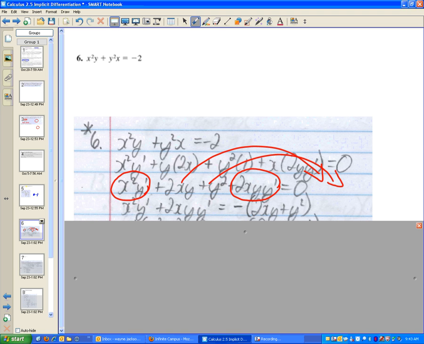Now, when you move the 2xy and the y squared over to the other side, you can either do what I did, which is group them together and put a negative in front. So I thought of it this way. I thought of that as a group. I subtracted that group from both sides. Or, if you don't want to write it that way, then just write it that way. It doesn't matter. It does not matter. You follow me?